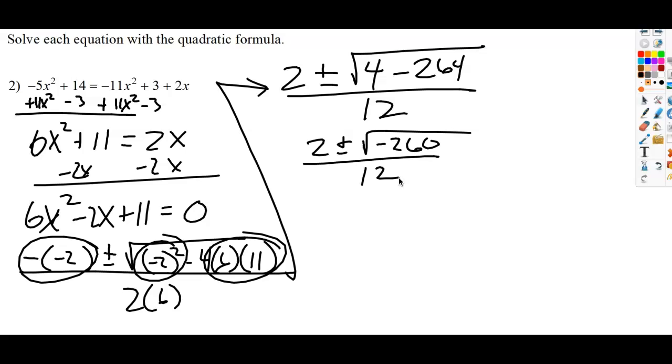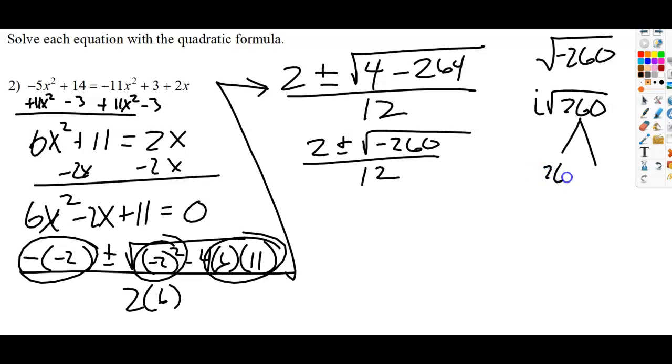And now we're going to simplify that square root. First of all, when you have a negative square root, the first thing you do is put an i in the front and get rid of the negative on the inside. That's what we call an imaginary number. But we're still going to break it down as much as we can. 260 is 26 times 10. 26 is 13 times 2, and 10 is 2 times 5.